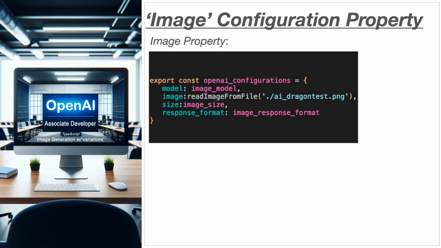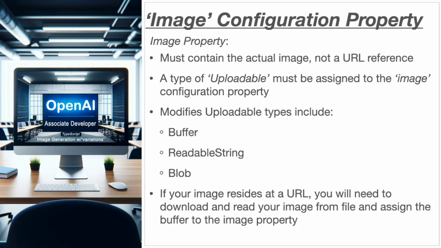This is necessary since the createVariation call expects the image configuration property to be of type uploadable rather than a URL or simple path. This means, if you only have a URL to the image you want to edit, you cannot simply assign a URL directly to the image property.